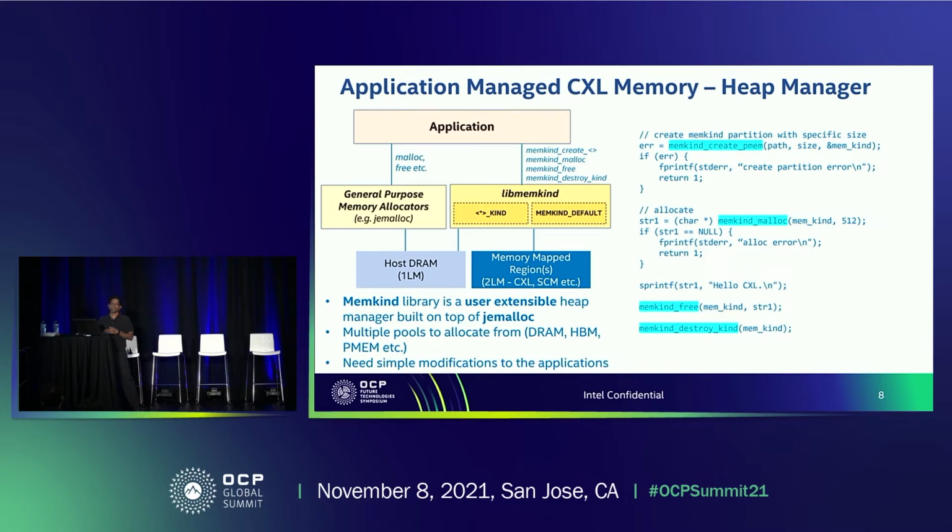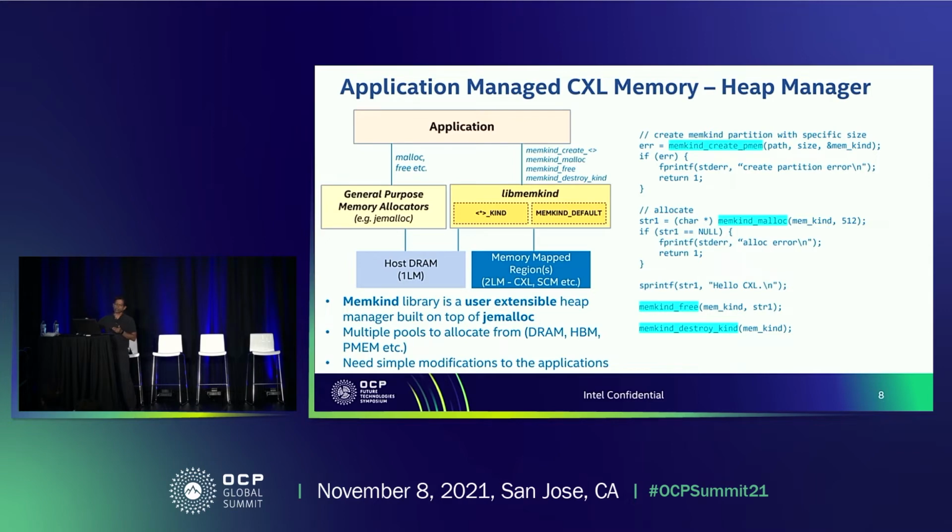And then you do the malloc. Memkind malloc is the call that you have to use. Instead of regular malloc, you say memkind malloc for a given memkind. Use the virtual address space with load store semantics, read and write into that address space, and then you free, and then you destroy. Right? So that's really the sequence of things.